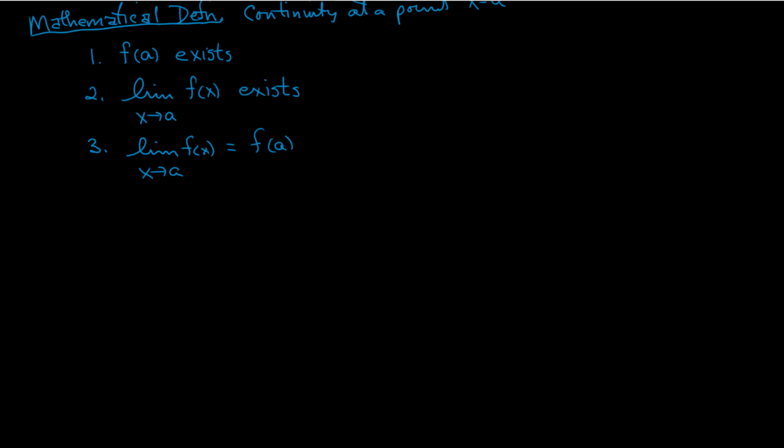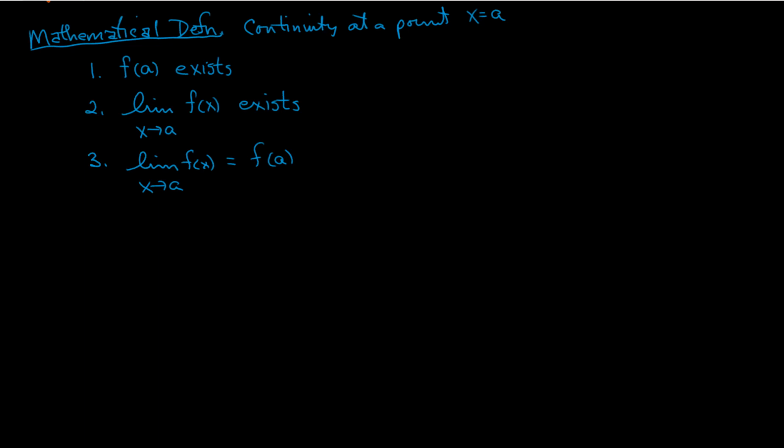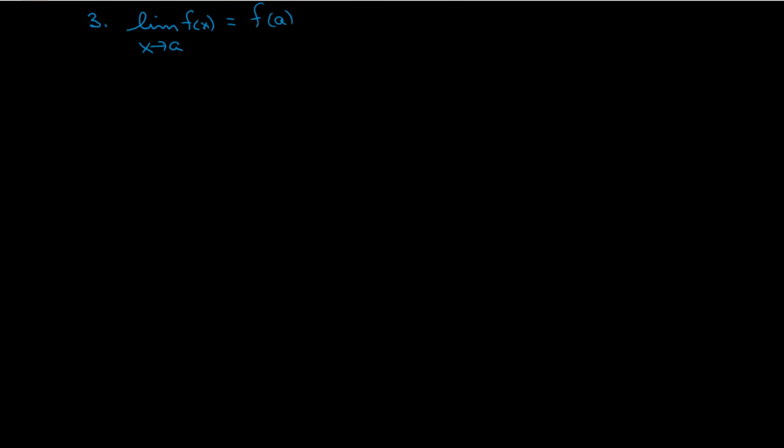Let's take a look at verifying continuity of several different functions. Just practice it. In each and every one of these cases, we're going to have to go through all three steps. If any one of these steps fails, the function is not continuous at that location, x equals a. It could be continuous elsewhere, just not continuous there. So let's take a look at example 1.